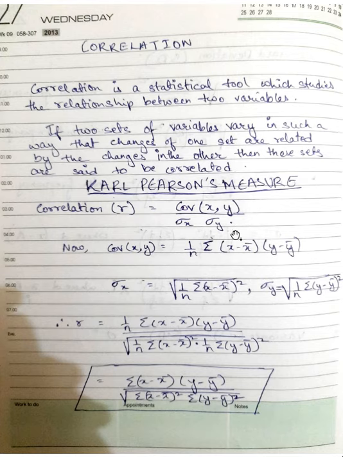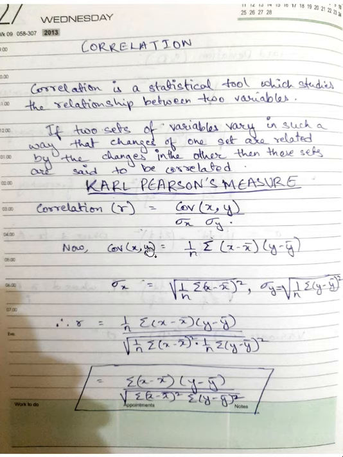I repeat, covariance of x and y is given by 1 by n summation x minus x bar into y minus y bar, where x bar is the mean of x and y bar is the mean of y. And standard deviation of x we already know is given by under root 1 by n summation x minus x bar whole square, and standard deviation of y is given by under root 1 by n summation y minus y bar whole square. So this we already know till now.